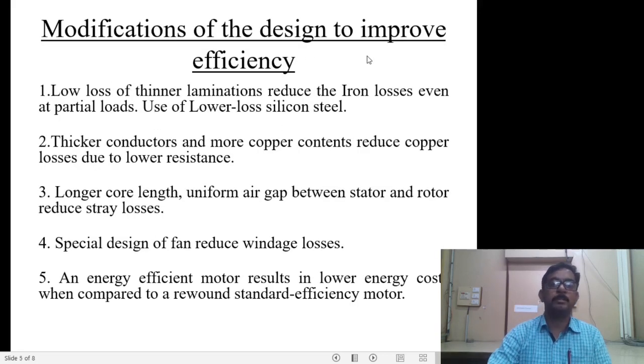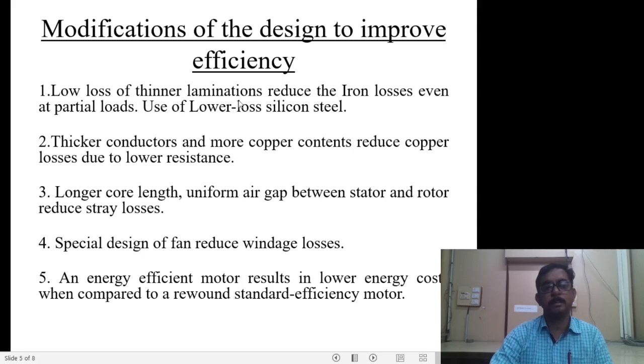The modifications in the design to improve the efficiency. See the modifications. First, low loss thinner laminations reduce iron loss even at partial load, and use of lower loss silicon steel. So here the thinner laminations are shown.